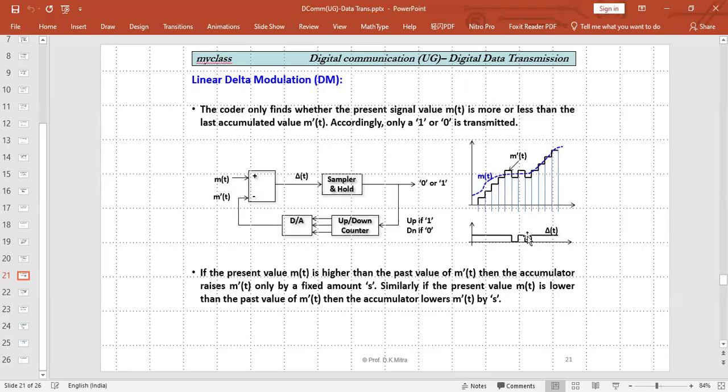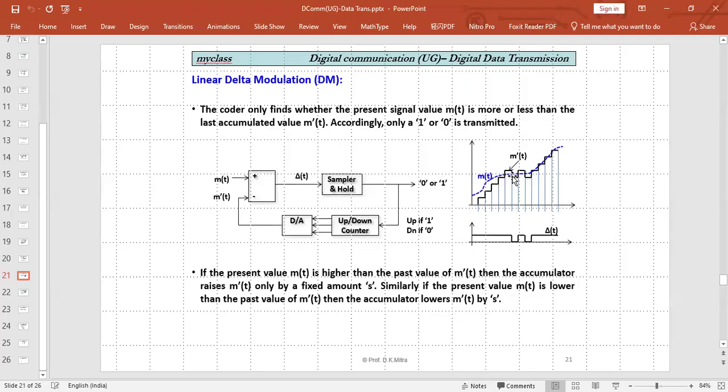Here we have shown how the delta t is varying. See, from here your delta t is positive, one step, here another step, here again one step, here again one step, here again one step. So from here to here, the output is one step.